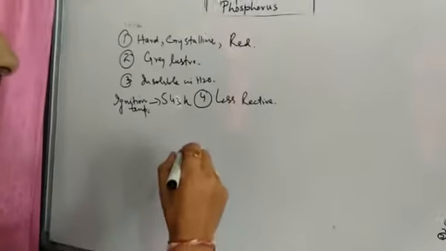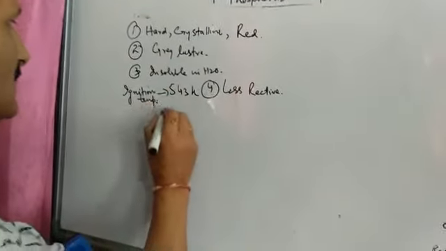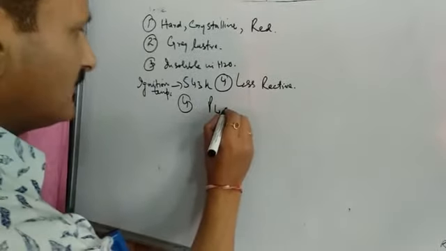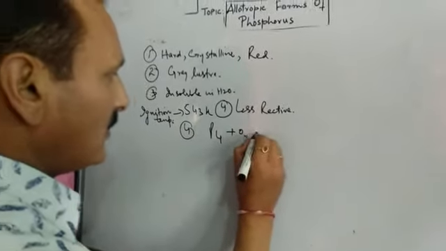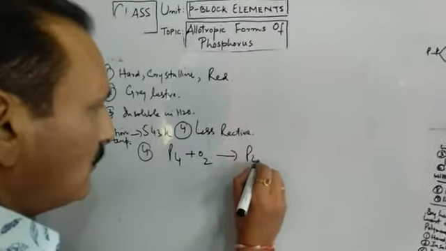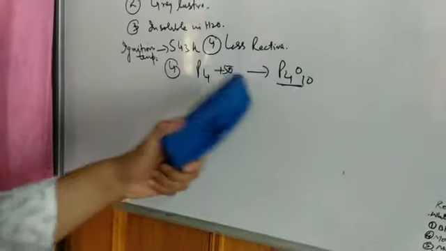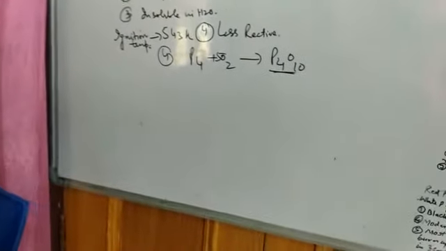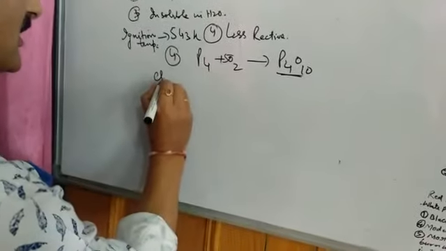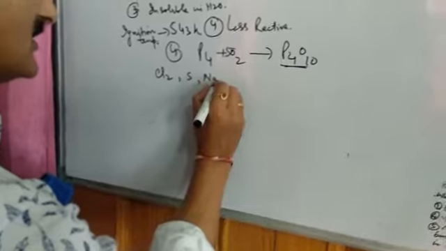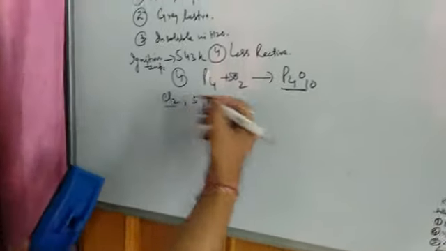Then coming to its reactivity with oxygen, red phosphorus burns in oxygen to form phosphorus pentoxide. Then it can combine with chlorine, with sulfur, with sodium, that is alkali metals, forming corresponding salts.